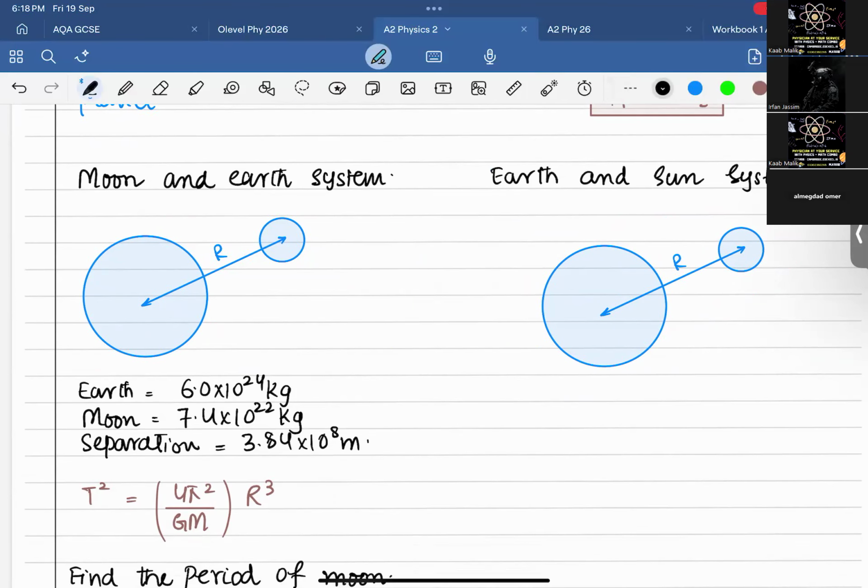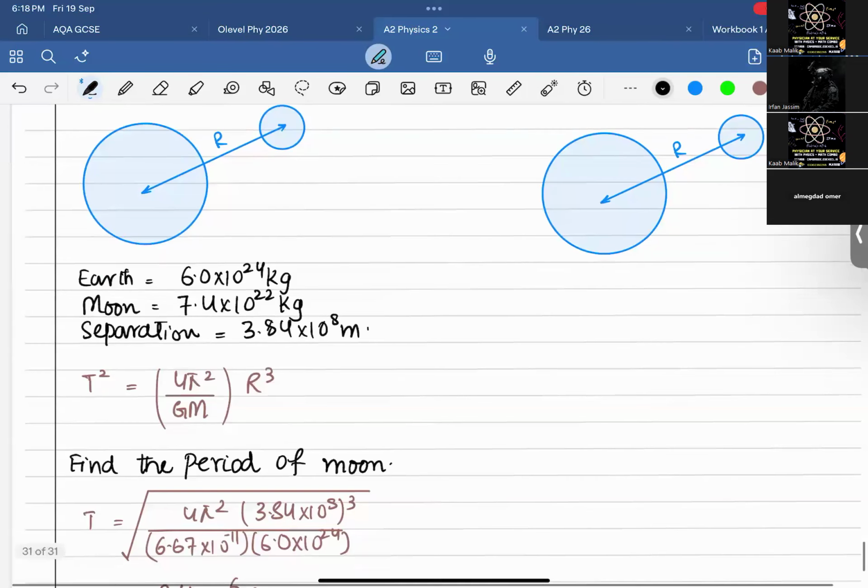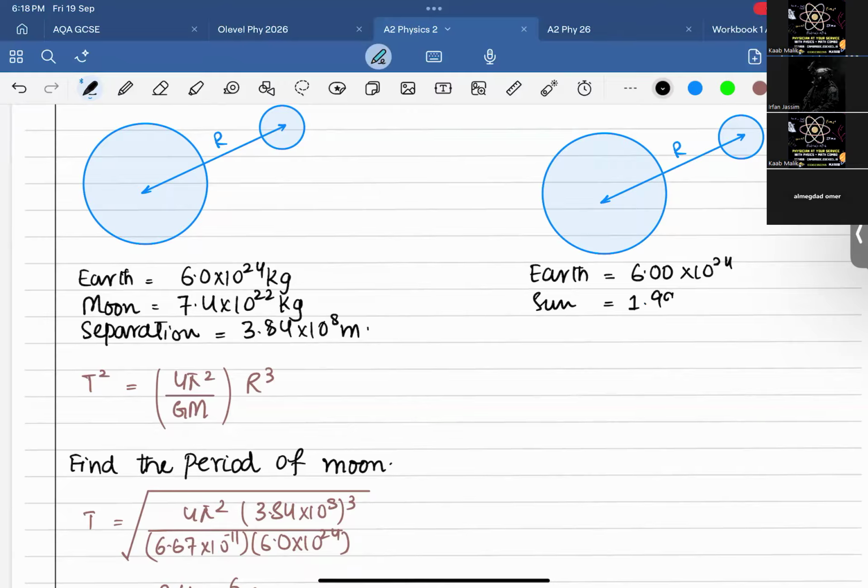The mass of the Earth is 6.00 exponent 24, and the Sun is 1.99, or just take 2.00 exponent 30 kgs, and you have to find r, the separation.